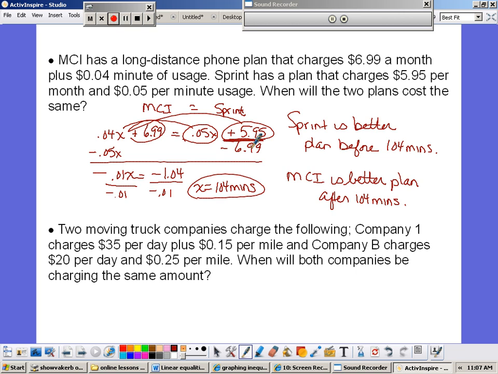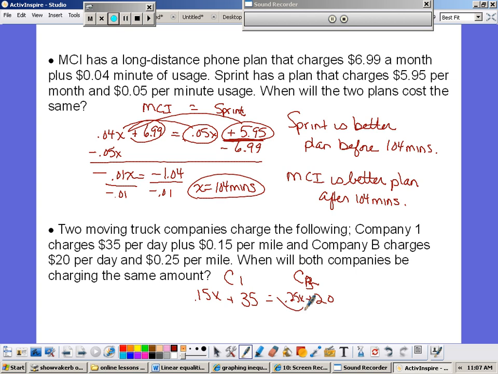Two moving truck companies charge the following. Company 1 charges $35 an hour and 15 cents per mile. Company 2, or B, charges $20 a day and 25 cents a mile. When will both companies be charging the same amount? Well, Company 1 is $35 plus 15 cents per mile, and Company B is $20 plus 25 cents per mile.